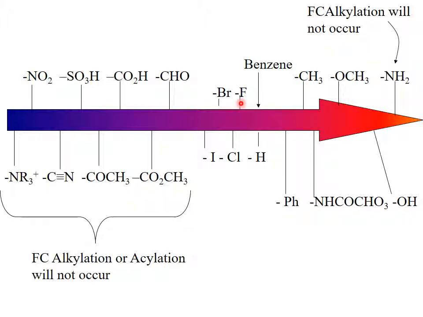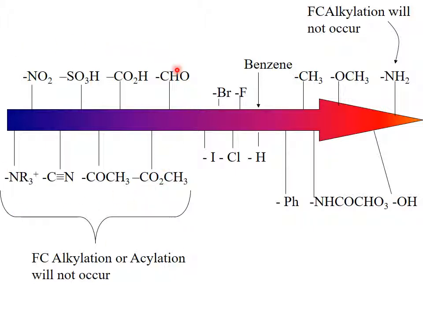Iodine is more deactivating because fluorine's orbitals, even though fluorine is very electronegative, overlap well with the pi system and can donate electrons that way. Iodine's so big, its orbitals don't overlap very well. And the electronegativity of the iodine actually pulls electrons to it.